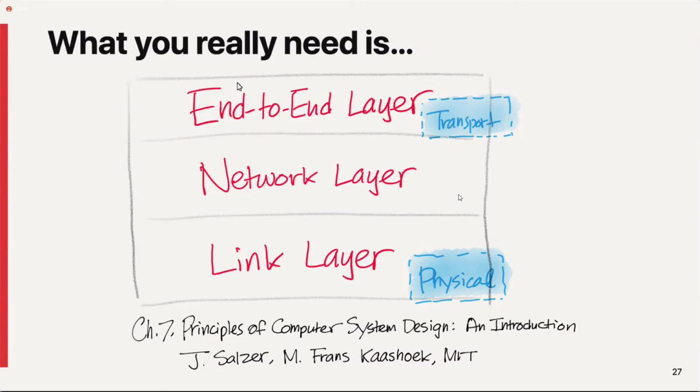This is not my idea. This is borrowed from Chapter 7 of Principles of Computer System Design: An Introduction. And I think it's a great idea because it doesn't overuse the idea of layering. But the question is why? Why don't we have more than 3 layers, in my personal opinion?